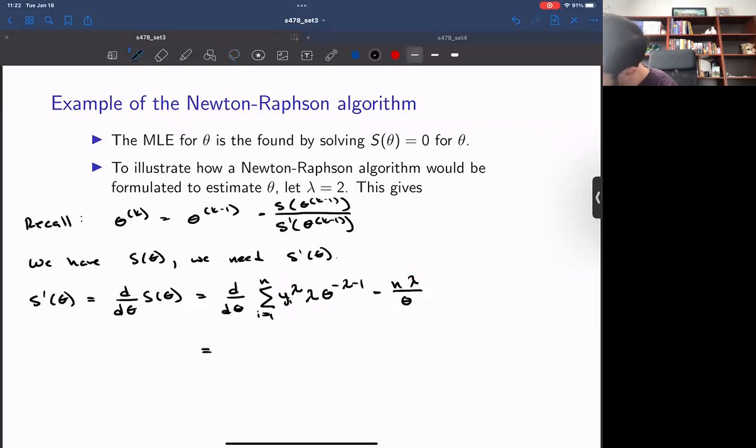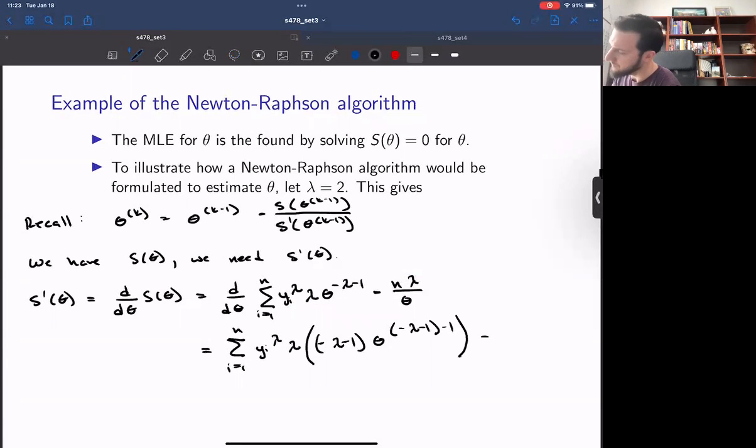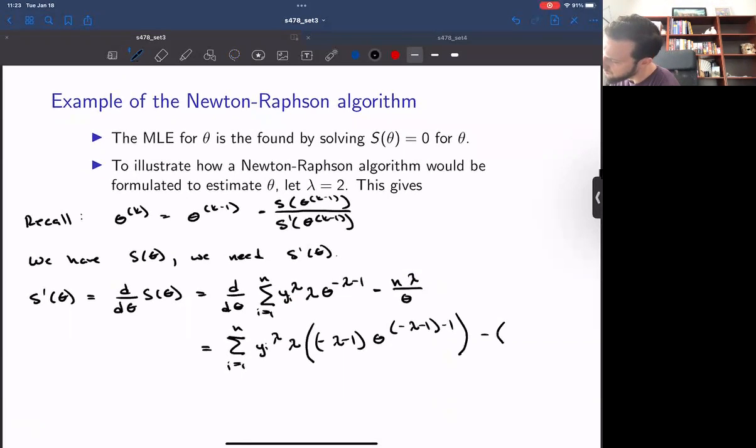All right, let's see if I can figure this out. We are going to have the sum from i equals 1 to n of y_i to the lambda, and then we're going to have negative lambda minus 1 times theta to the negative lambda minus 1 minus 1, minus negative 1 n lambda theta to the negative 2.